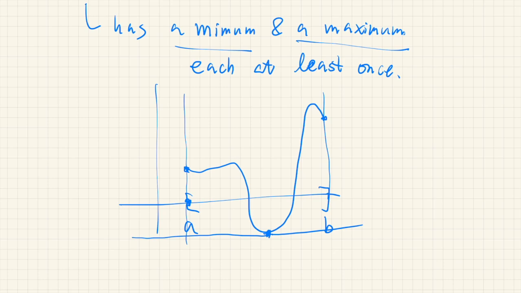There's a lower bound here, and since it's continuous, at some point between a and b the function takes the minimum value. And at some point between a and b, this function takes a maximum value. The maximum can happen multiple times, and so can the minimum. But at least we have one maximum and one minimum, as long as this function is continuous and defined on a closed interval.